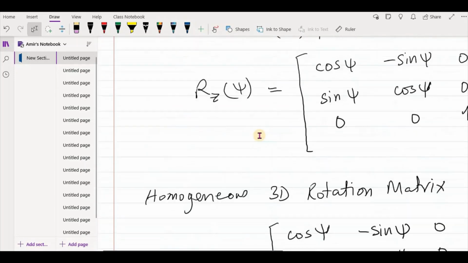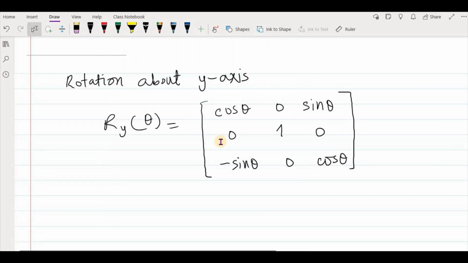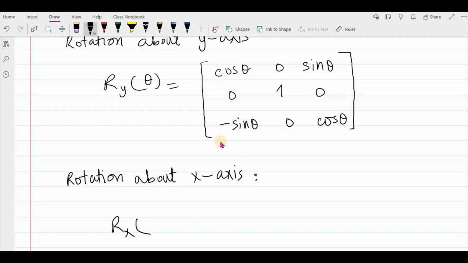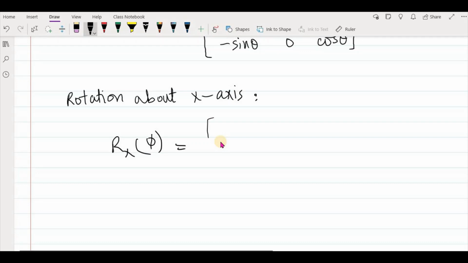Okay, and similarly we can get the rotation about x-axis. So for that we have to write like this: Rx of phi, let's say the angle was phi, and we get this matrix here.